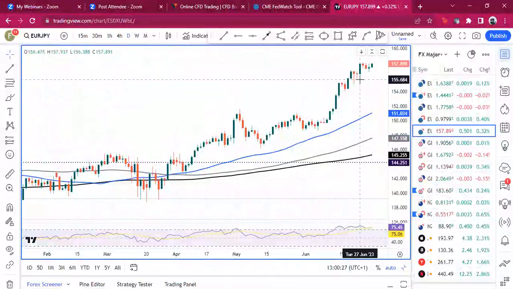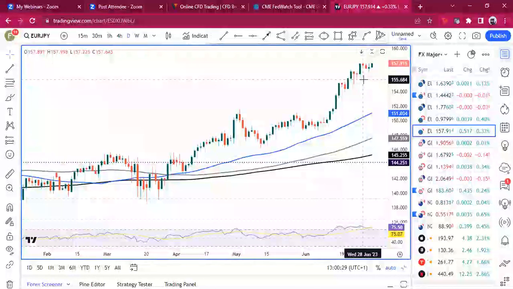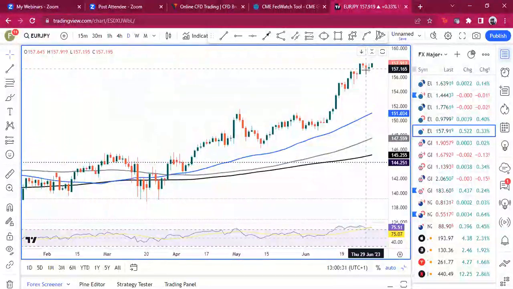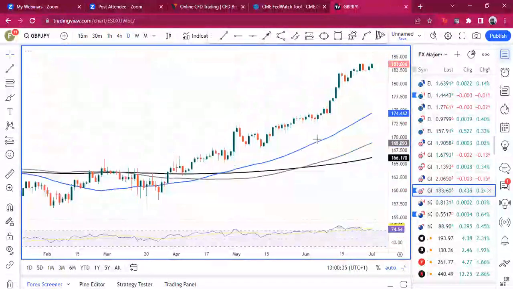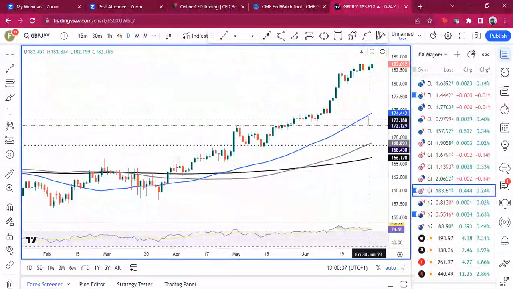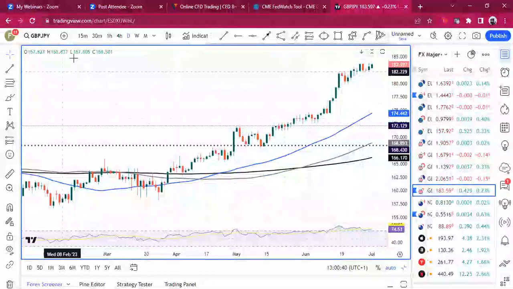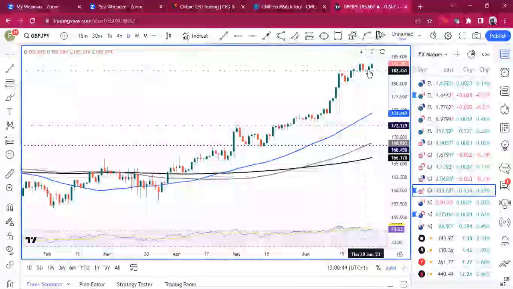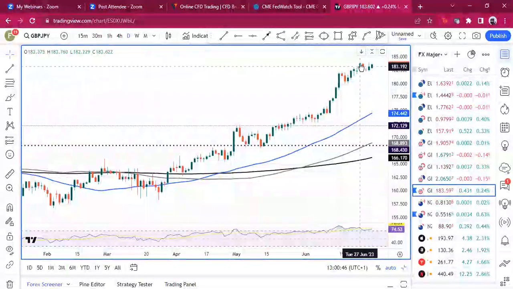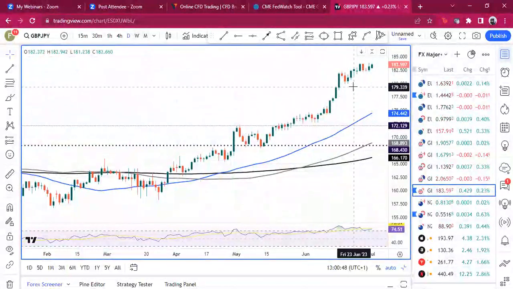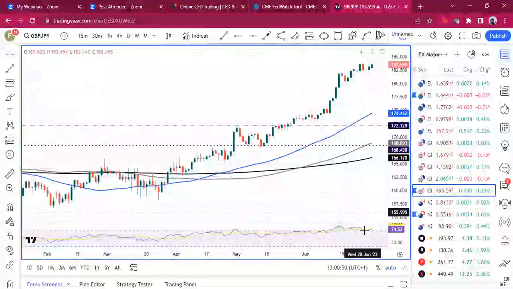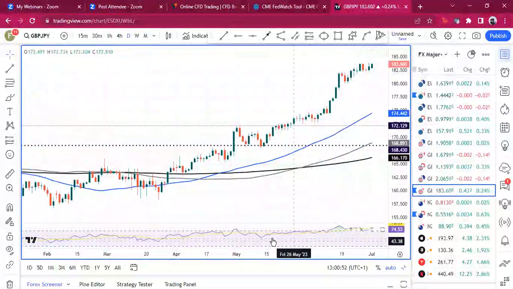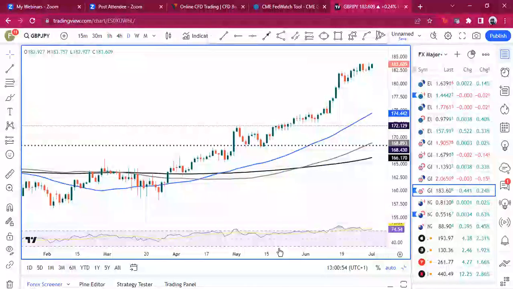So bullish consolidation, if we break the top side in say euro yen at 157.99, 158, then we're off to the races again. Let me just check sterling yen. Yeah, so if we break 183.87, this is the daily chart, then yeah, bullish consolidation before a move higher. But again, we are signaling overbought territory on a number of indicators.